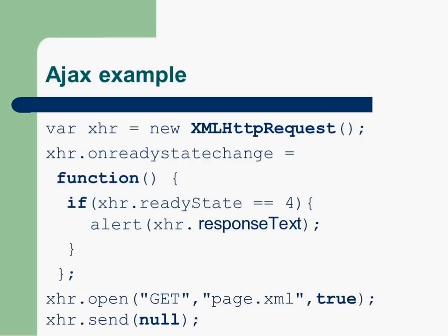It doesn't wait for the response. It has something called ready state, and internally it keeps changing the state of that object. It allows you to add a handler to that onreadystatechange event. You check, okay, when the ready state is 4, that means the request is complete and the response is available. There you use xhr.responseText.